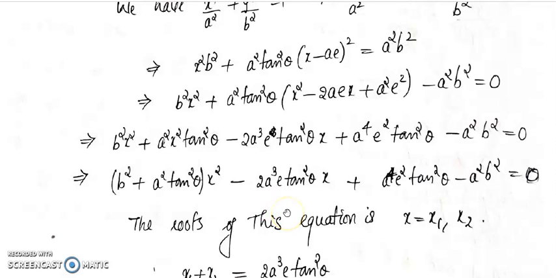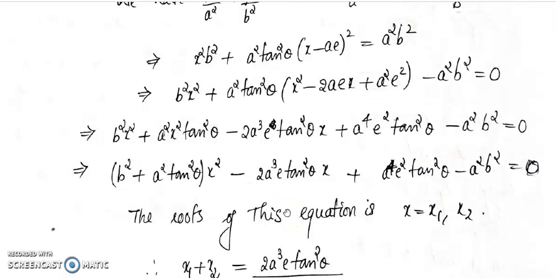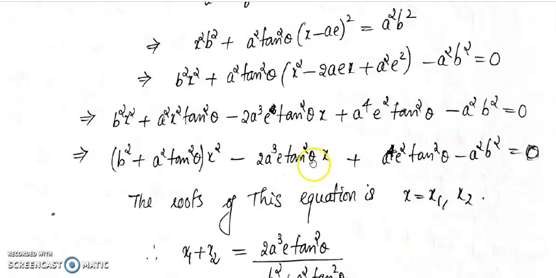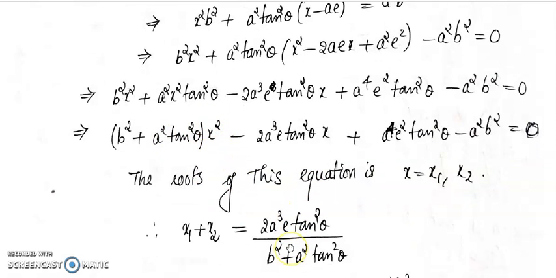Now if you have a quadratic equation of the form x square minus ax plus b, then a will be the sum of the roots and b will be the product of the roots. So the second term will be the sum of the roots and this will be the product, provided the first term has coefficient 1.